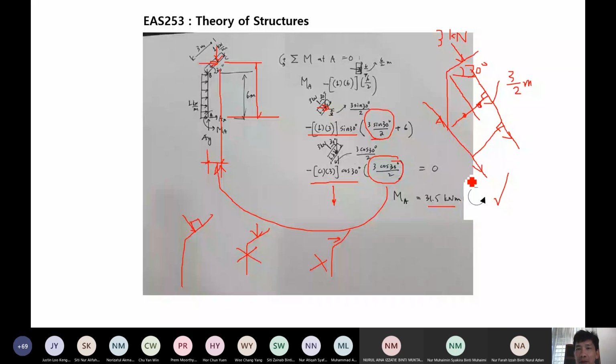How to find this? If this is 30, then this should be 30 as well. Then this one makes use of this height here. This is 6, and this one is sine 30. So 6 multiplied with sine 30 gives you this.